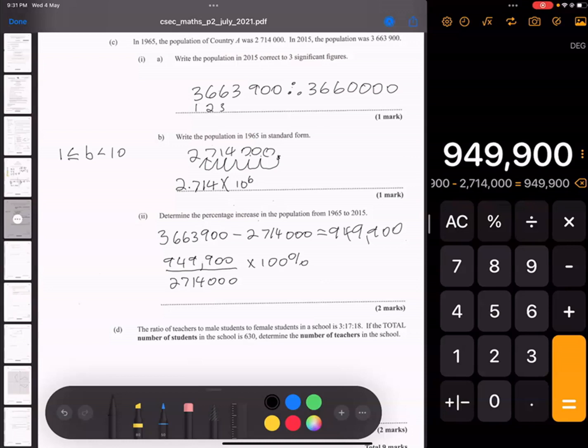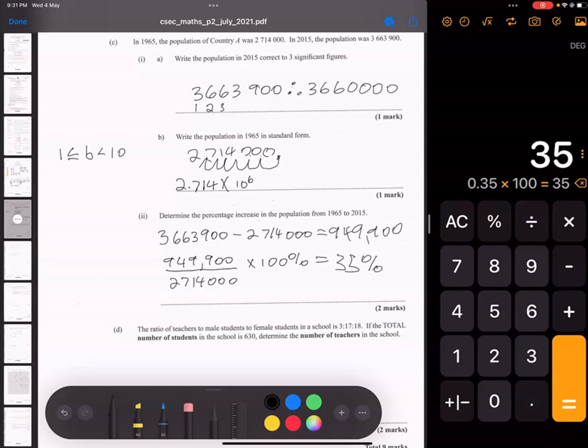All right, so using the calculator just to save on time, we already have our 949,900 in our calculator, so we're just going to simply divide it by 2,714,000, which gives us 0.35. Then we're going to multiply by 100, which will then give us our final answer of 35%. All right, very simple.